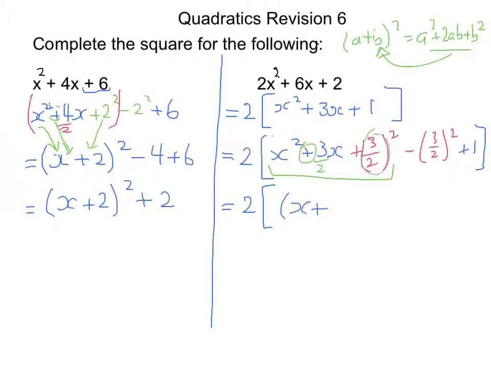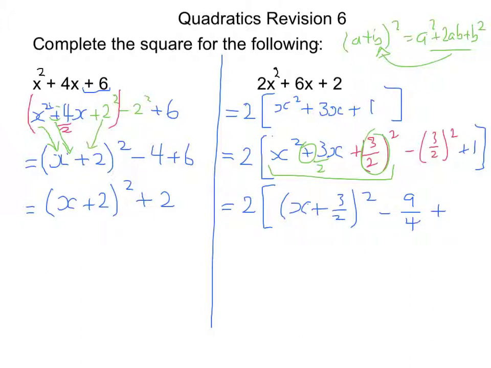And we get our 3 over 2 squared. So that's now the perfect square part done. Now to finish the rest of this off, 3 over 2 squared, we square the 3 on the top. 3 squared is 9, and 2 squared on the bottom is 4. Then we go plus 1.